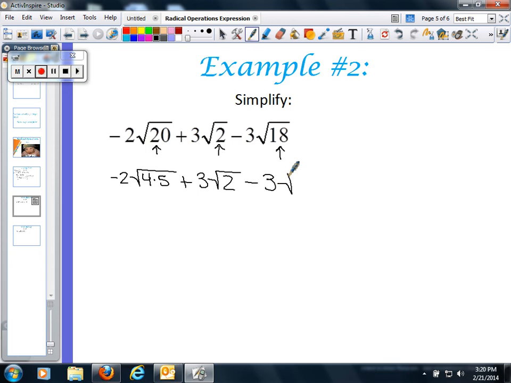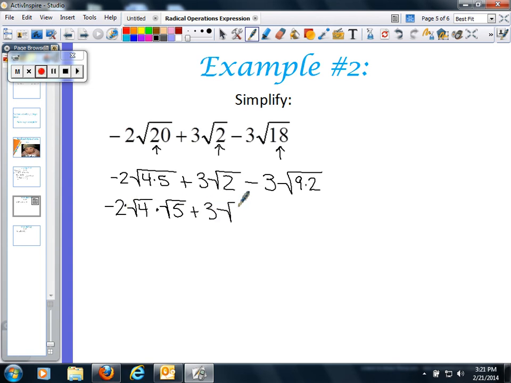And this is 3 square root of 18, which is going to be 9 times 2. 9 is a perfect square. So now we're going to separate these. Negative 2, that's radical 4 times radical 5. And remember, this is multiplication.